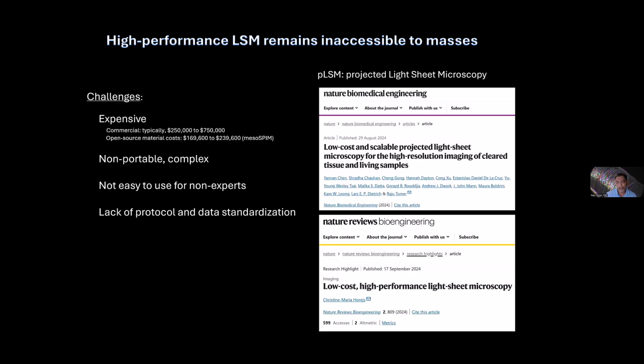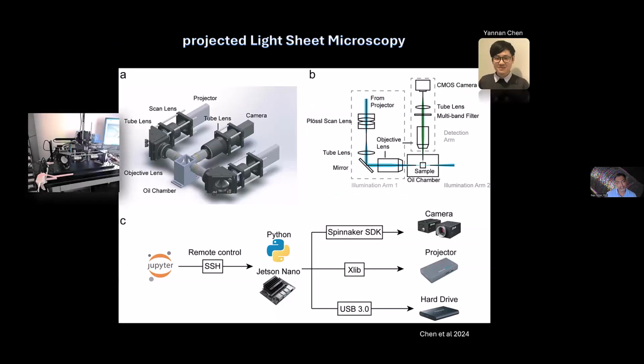The basic idea was that we asked the question: can we use off-the-shelf consumer-grade components, which are typically optimized for cost and performance, to build a system which is useful in a real-world scenario, not just as a toy or an educational instrument, but something that allows real-world experiments with the high imaging performance needed? And the answer to that is yes.